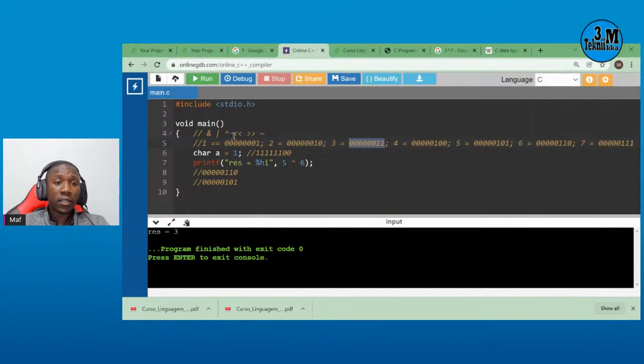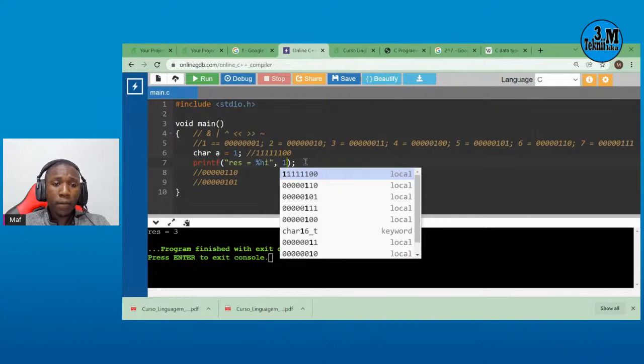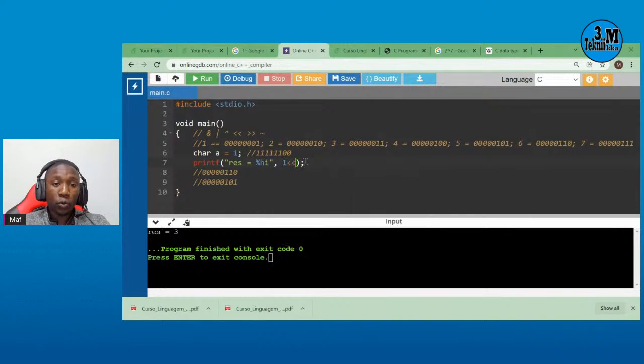Then we have these operators, like I have a 1 and I need to shift some bits, 2 bits to the left. If you shift the bits to the left, then this one is going to be in this position, 2 positions, okay? And if you have a bit here, this is the 4, not any longer 1.